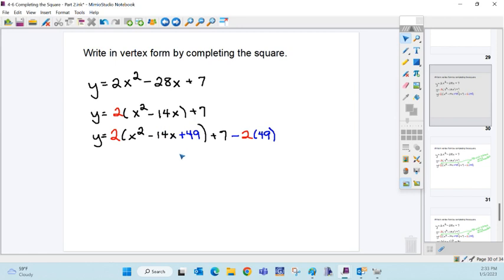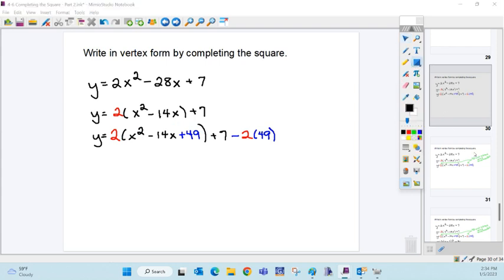Our next thing, let's give you a chance to write. Our next piece is to figure out what x squared minus 14x plus 49 is in its perfect square form. It's x minus 7 squared. So this part right here turns into x minus 7 squared.